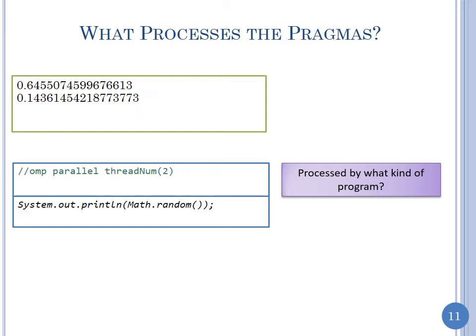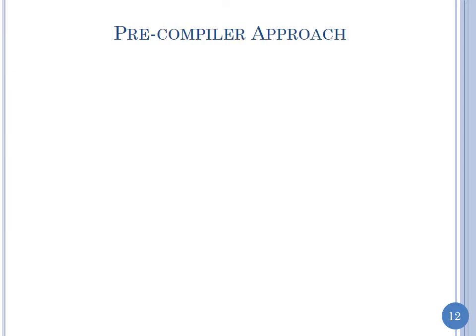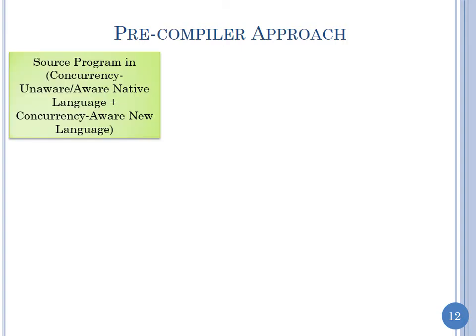What kind of program is going to process this, given that we are extending an existing language, Java, with an existing compiler and interpreter, and virtual machine? What kind of program would be processing these pragmas? So we will use a precompiler approach. Yes, indeed, it's a preprocessor. A processor of any piece of source code we'll call a precompiler. So in general, what does a precompiler do?